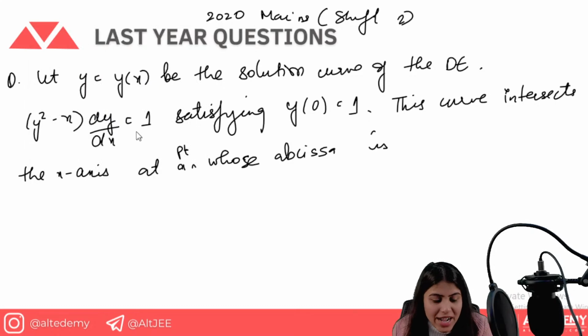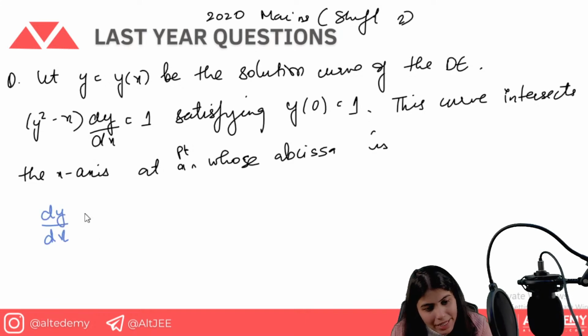So y equal to y of x is the solution curve of the DE y square minus x dy by dx equals 1. Firstly, writing it in the standard form is our duty. We can write it as dy by dx plus x is equal to y square.